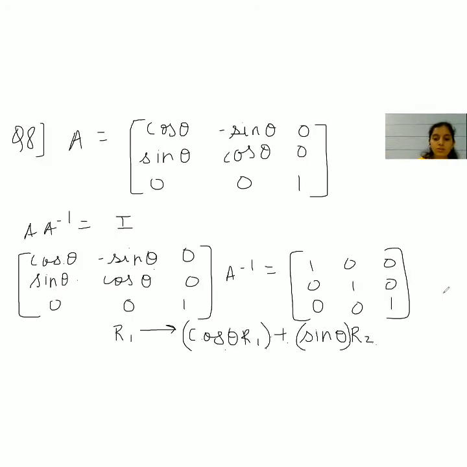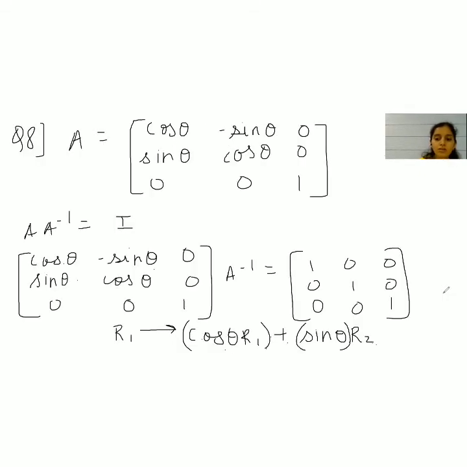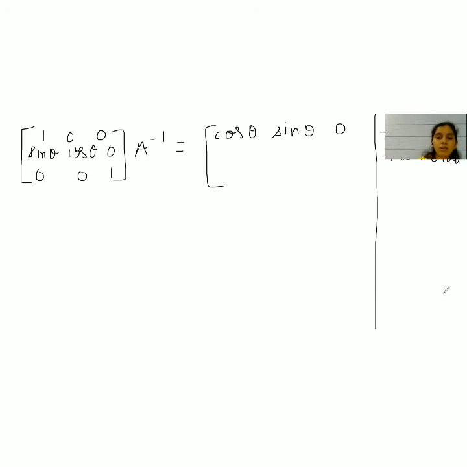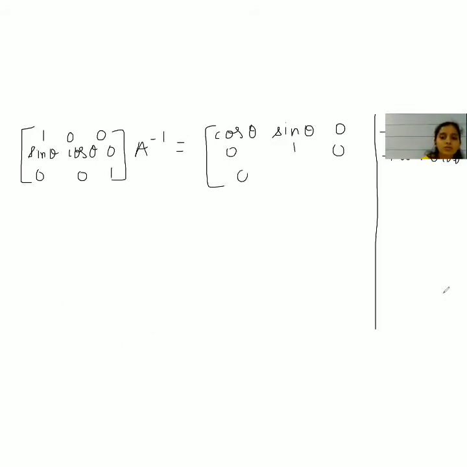Second one is 0 into cos theta, 0, plus 1 into sin theta, that is sin theta. Next one, 0 into R1 is 0 plus sin theta into 0 is 0. So this term remains 0, and the remaining we copy as it is: 0, 1, 0 and 0, 0, 1.